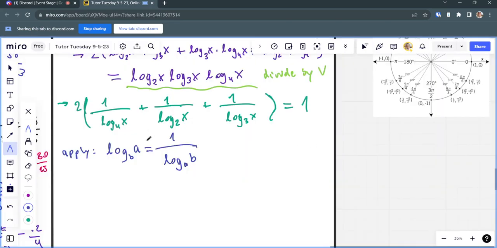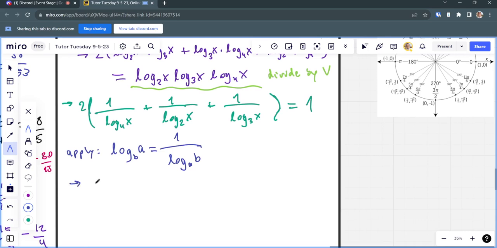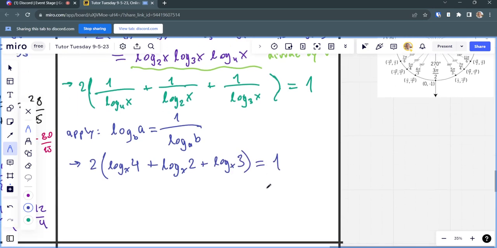Yeah, exactly. But if you apply that rule, then we get 2 times log base x of 4. See, everything flips now. Plus log base x of 2 plus log base x of 3 equals 1. And what else have we got? There's one more rule that I know we can use here.